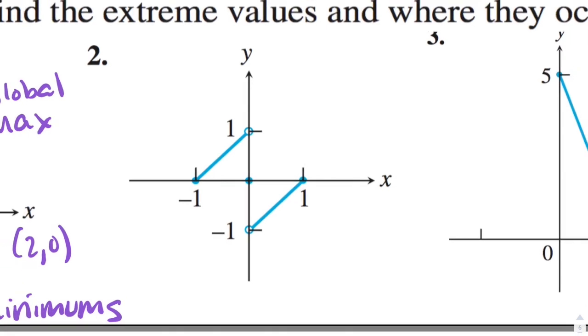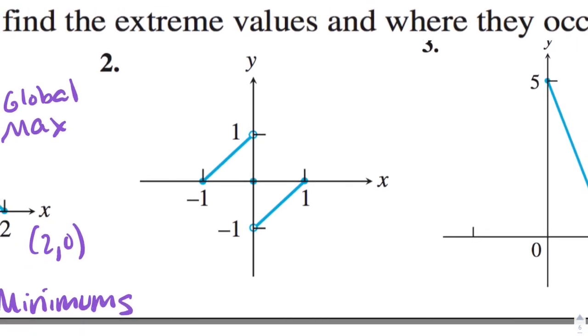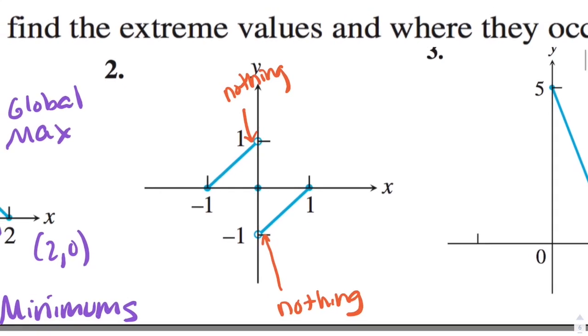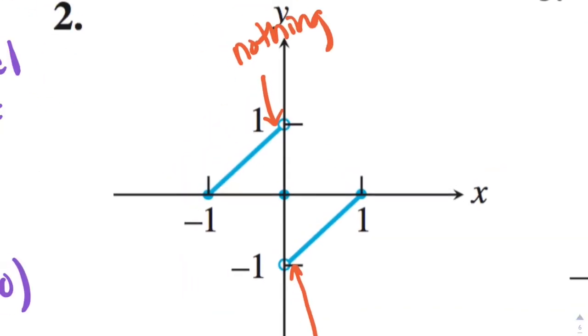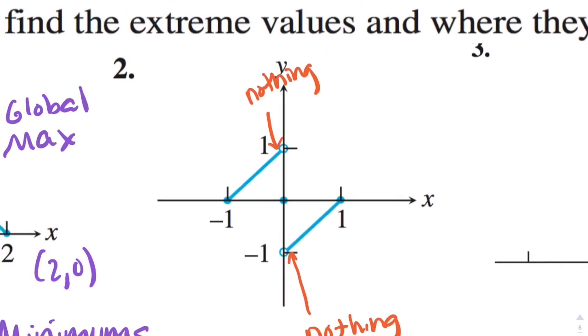Here in this example, be careful, nothing is happening here. There's nothing happening there, and there's nothing happening here. So there are no maximums or minimums because they are open. They're hard to see, but as I have the ability of zooming in here, there is nothing happening because they are open circles.